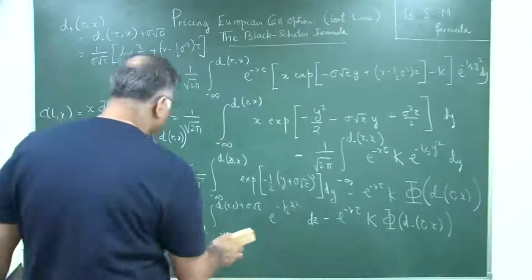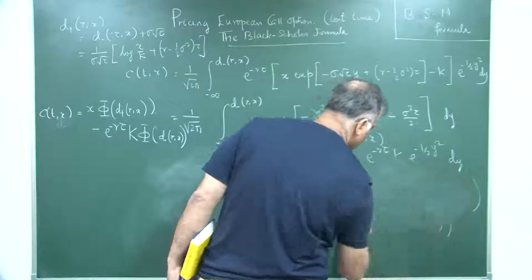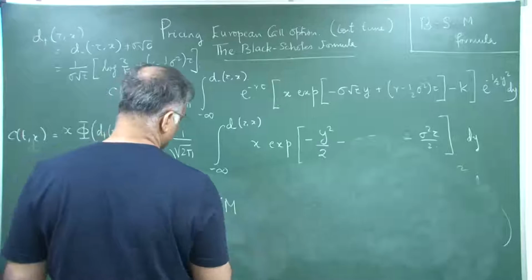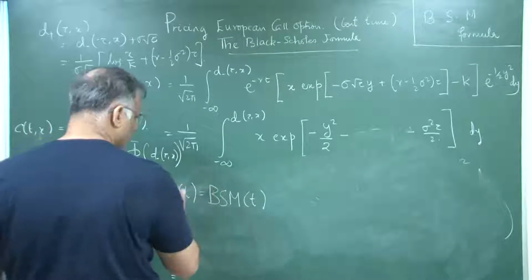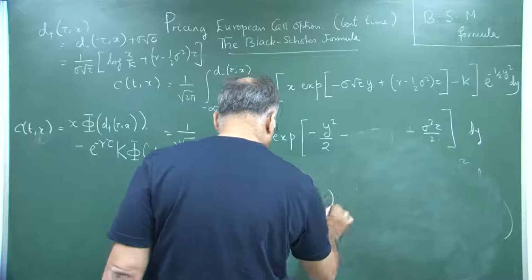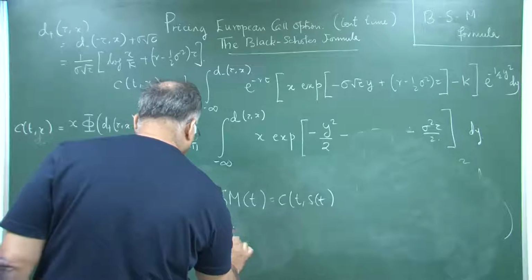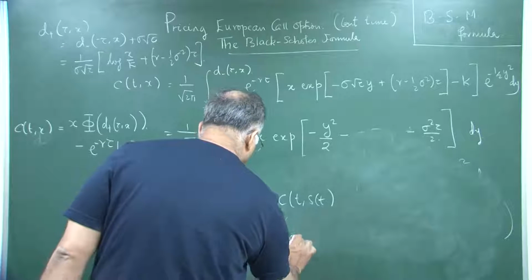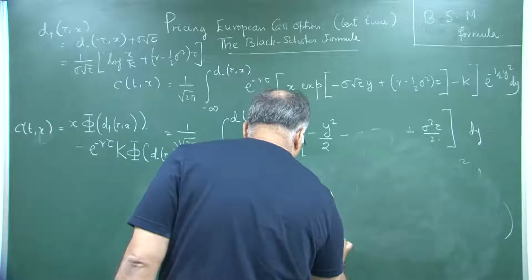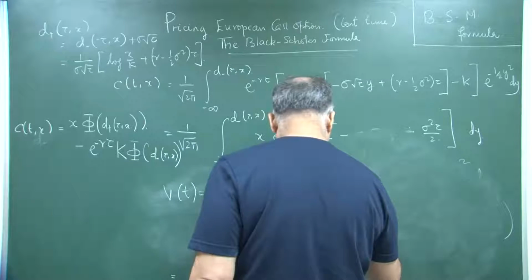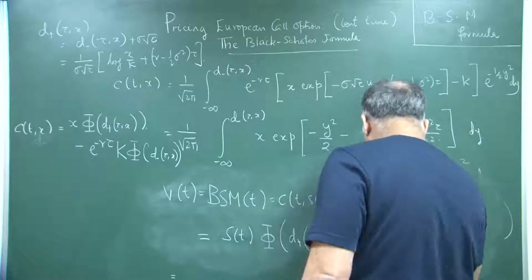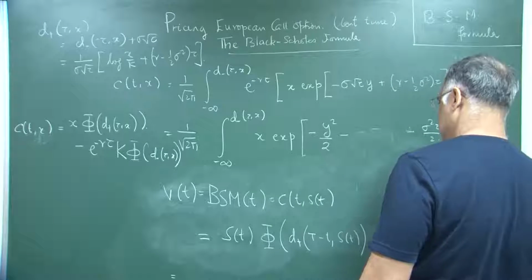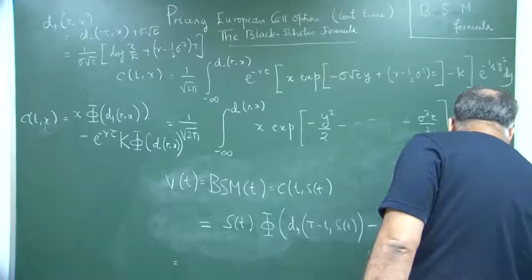So, let me now write down the Black Scholes formula in all its glory. The Black Scholes Merton price at time t, which is V t, which is nothing but C of T, S t, is equal to S t, x is now replaced by S t, x was playing the role of S t, phi of d plus of T minus t, S t, minus e to the power minus r capital T minus t k into phi of d minus of T minus t, S t.